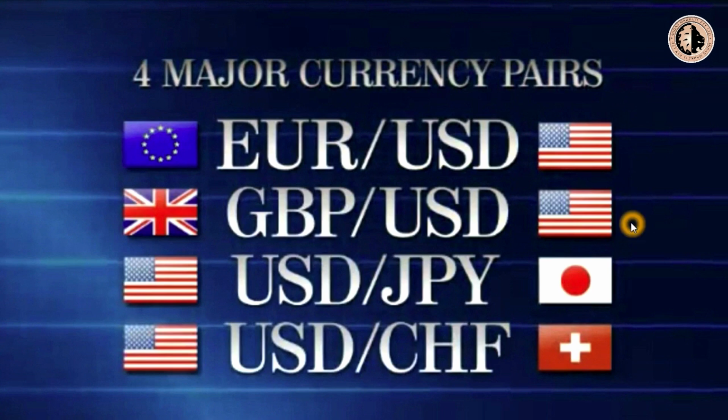This is a marked difference from, let's say, if you were trading equities, where you've got perhaps 8,000 companies that you could choose from, and you've got to do research upon research to narrow them down.